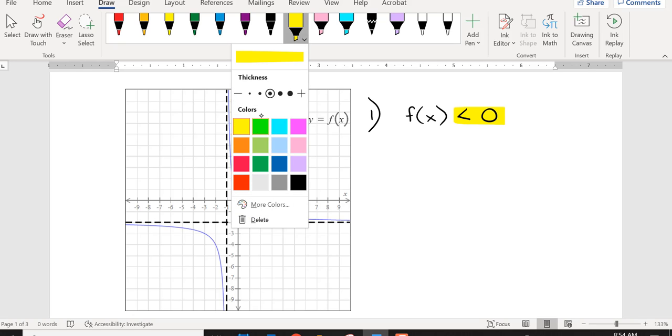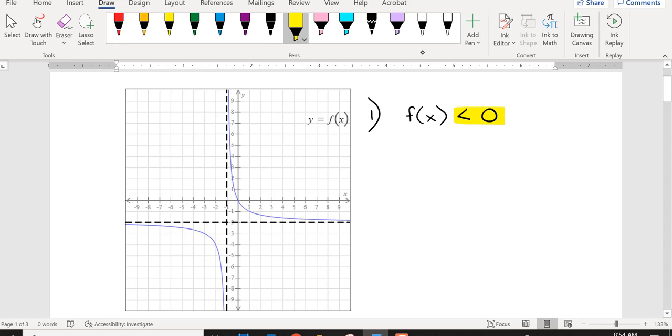You want to know when the y values are negative. So looking at my blue function, all of these values are underneath the x-axis. Those y values are less than 0. Starting here, these are all under the x-axis as well. They're less than 0. But it can't be equal to, so I do not want where it's equal to.